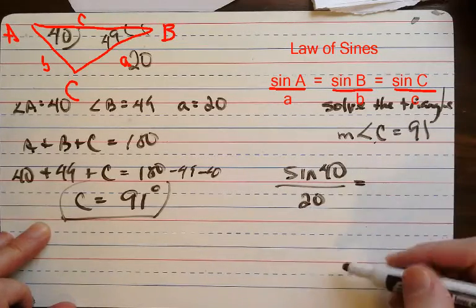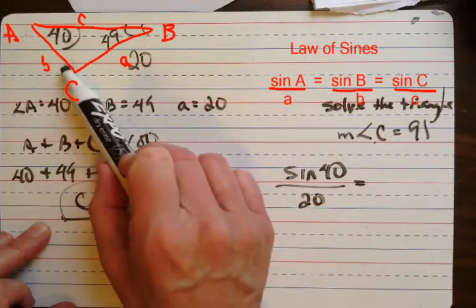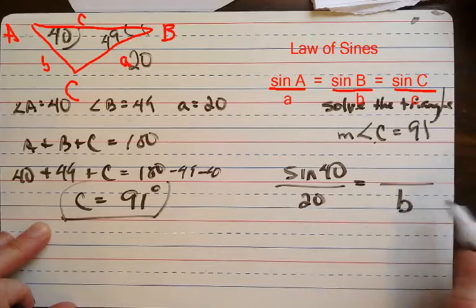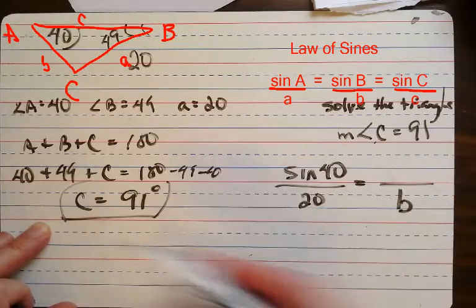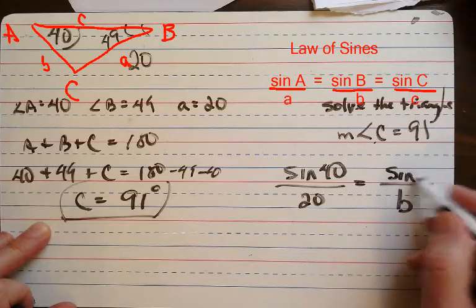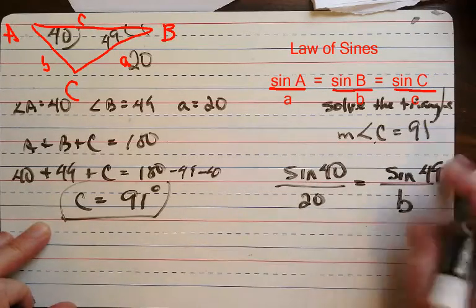Say I want to find how big side B is. I'm going to have a B down here, and above it I have to have angle B, which I decided was 49. Now I just cross multiply.